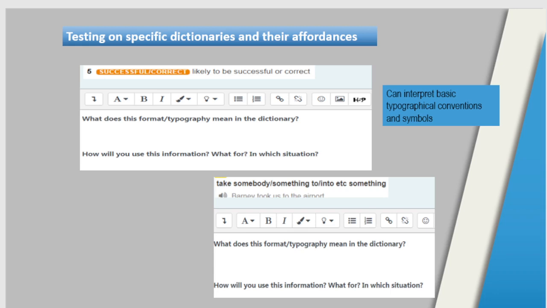So the questions are simply what is this format or this typography? What is this used for? What does it mean? So this question can be used for checking whether the dictionary users know the dictionary's conventions.